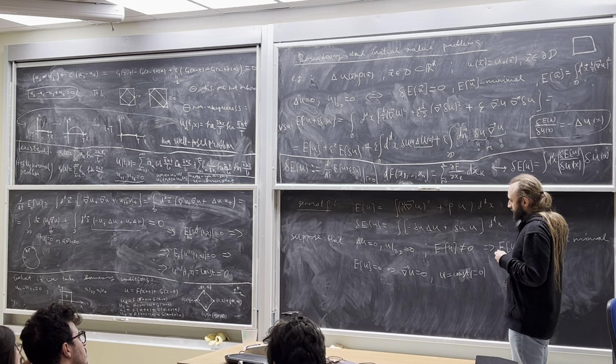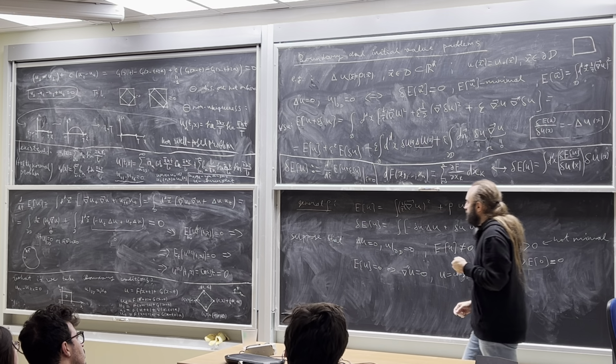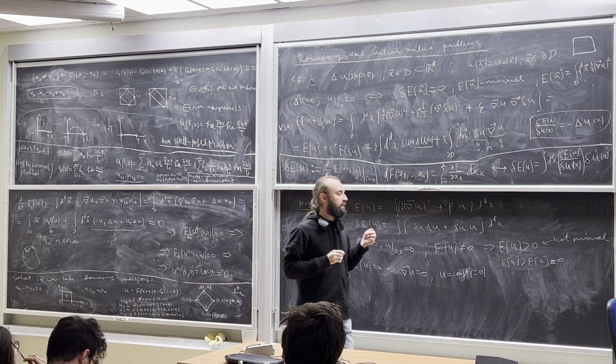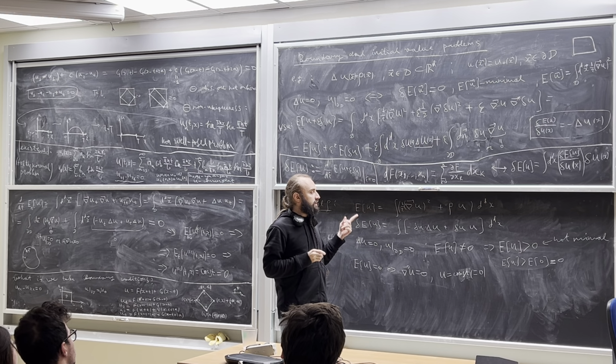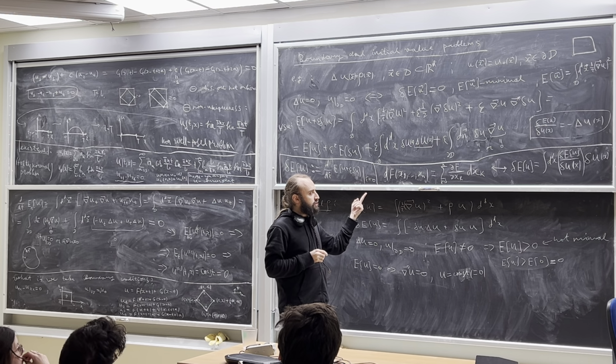Now let us ask the same question. We proved that this problem with boundary conditions is nice. Actually, we need to check that a solution exists, and probably we'll do this next time.